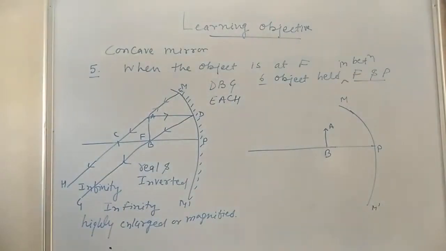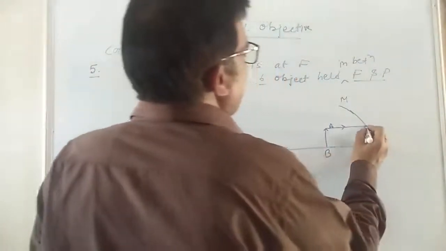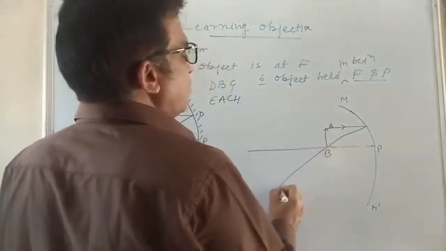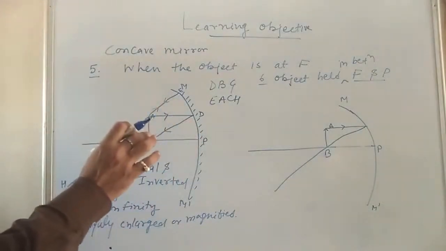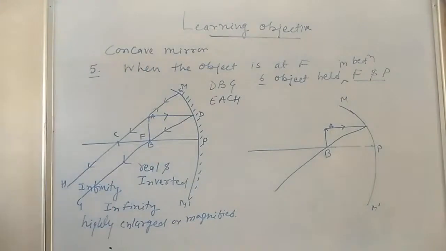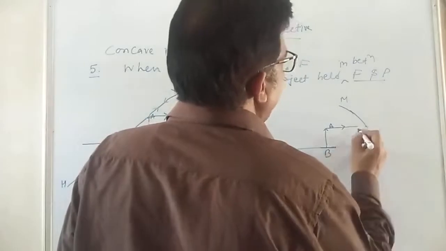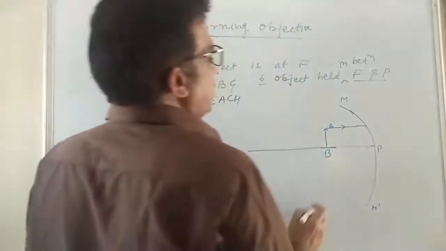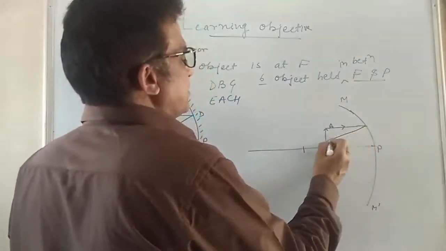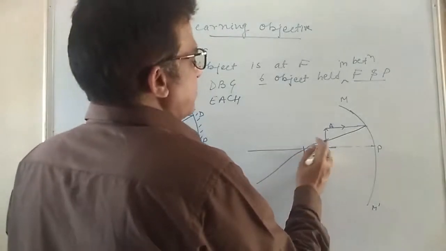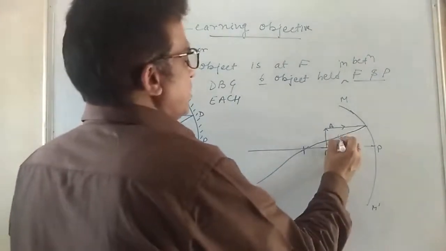Okay, one ray is parallel to the principal axis like this and passes through the focus. So I can say here in this manner, one ray is parallel to the principal axis, and it passes through the focus here. This is focus.